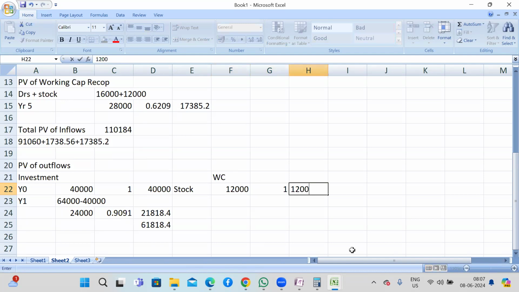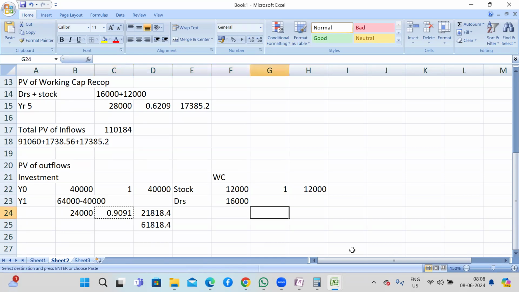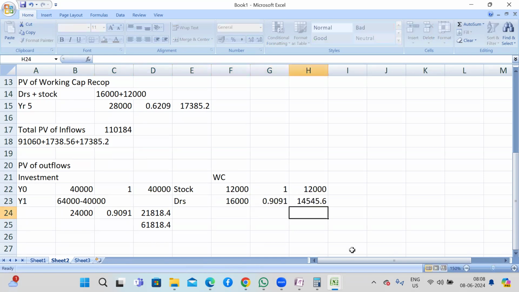So the present value is also the same. Then debtors 16,000 is contributed at the end of the first year, so 0.9091. So the total will be 26,545.6. So total cash outflows.